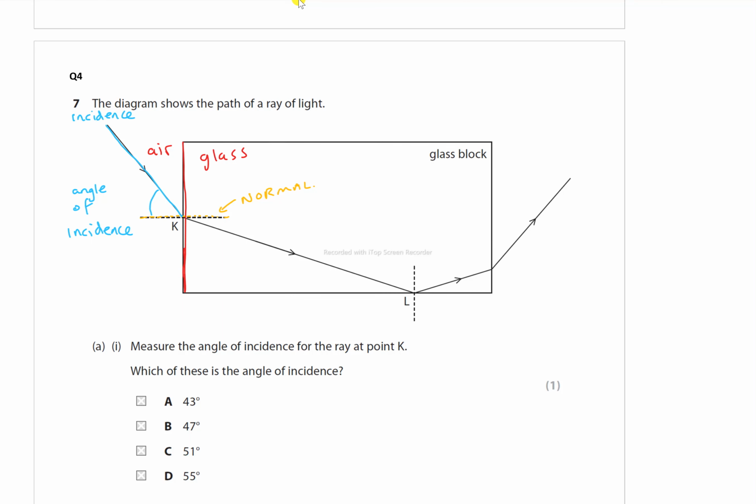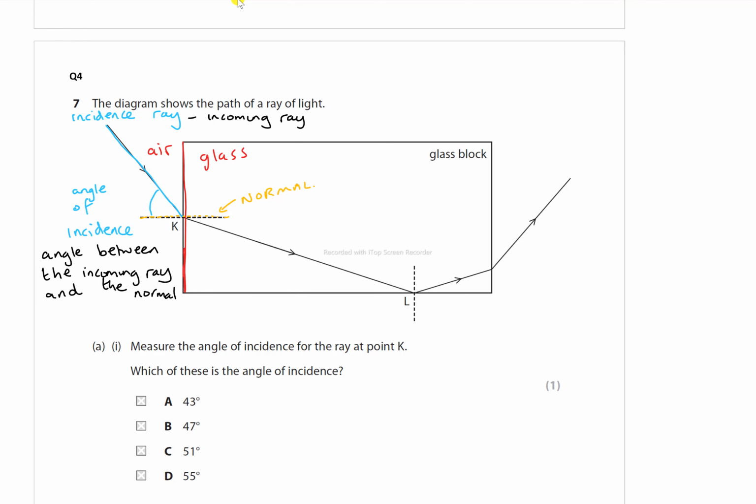Right, angle of incidence is the angle between the incoming ray and the normal. Right, excuse the dingy writing, it's a bit bent.